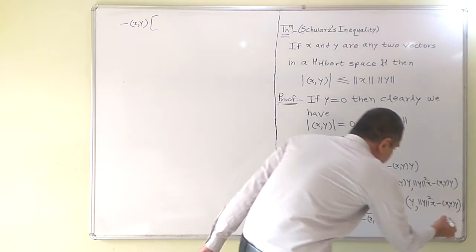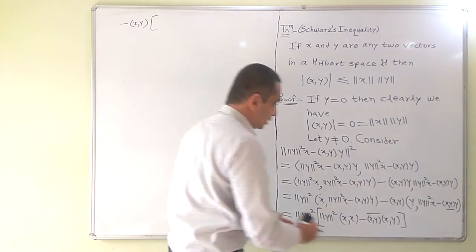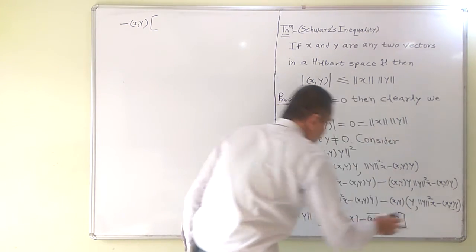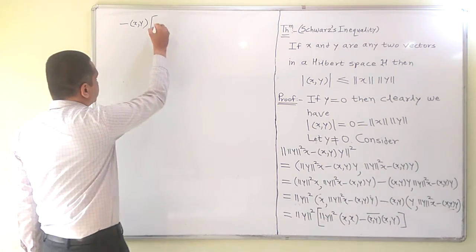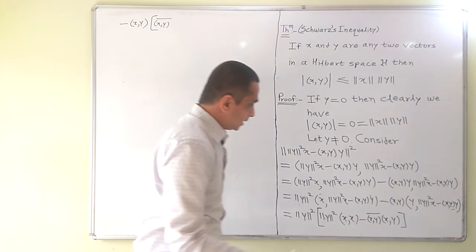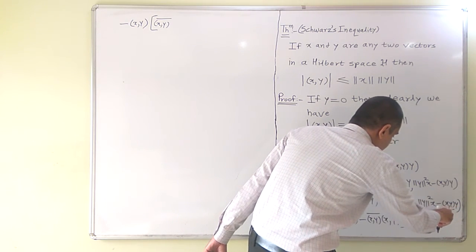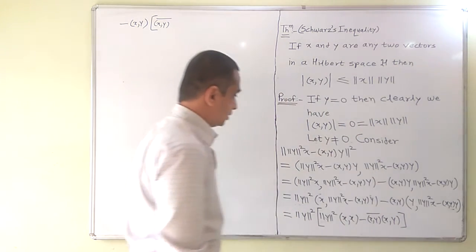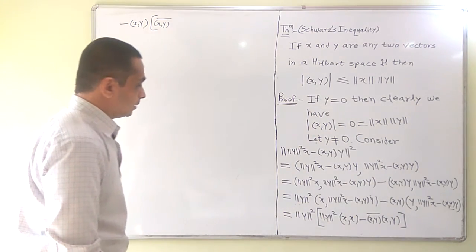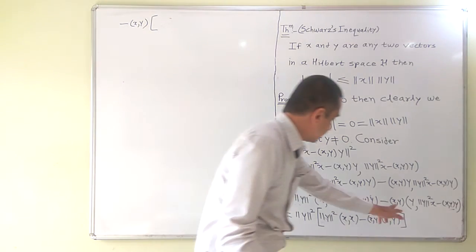I am treating this as a scalar, and its conjugate I will have to take. So it will be conjugate of xy, conjugate of inner product of xy and inner product of y, sorry, made a mistake here. So I should write this as it is, I am keeping.